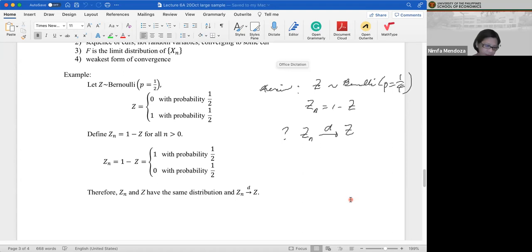So I change this probability and you see if you still have convergence in distribution.